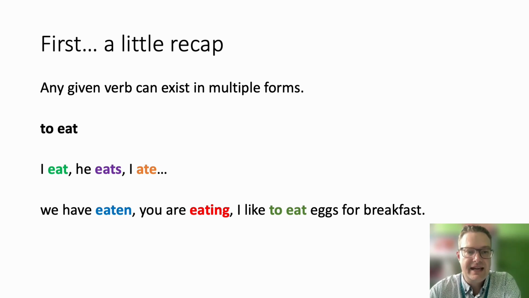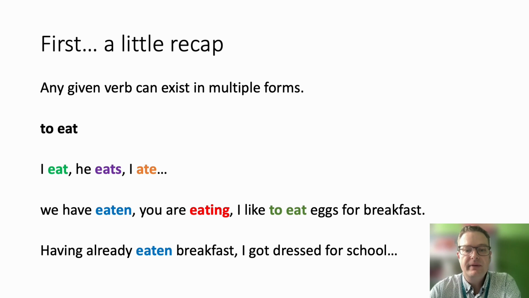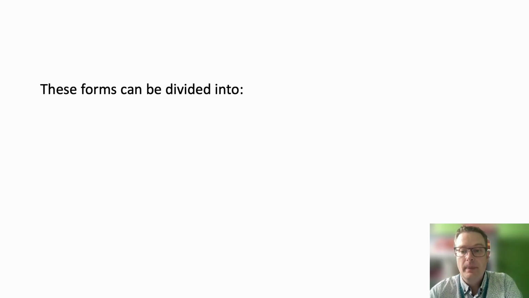So with the verb to eat, there are lots of different ways you'll see eat in a sentence, depending on what grammatical job it's doing. Maybe you'd even see a sentence like this: having already eaten breakfast, I got dressed for school. So you're using the verb eat in different ways, and in these different ways, you've got different forms of it. All of these forms can be divided into two categories.